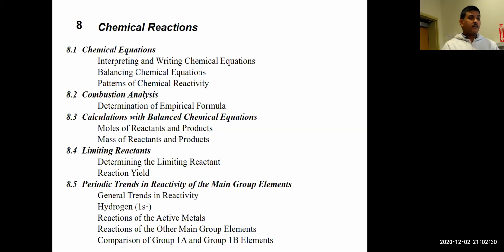And in 8.4, we are going to discuss the type of availability of the reactants and how it is related to the productivity of a chemical reaction. Again, in 8.5, I'm just going to go over the trends. So 8.3 and 8.4 can be challenging, at least for half the class always.